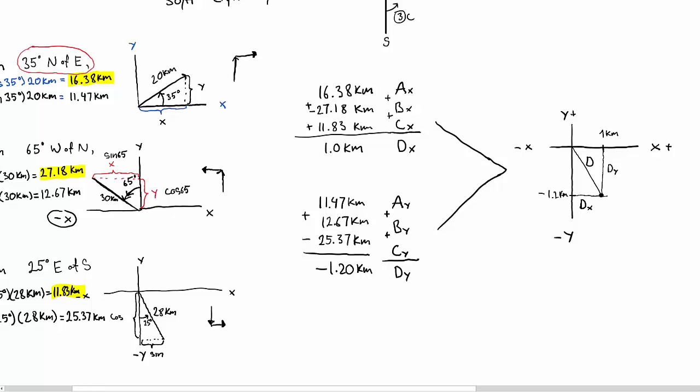So, since we have dy and dx, we can use the Pythagorean theorem. A squared plus b squared equals c squared. In this case, this is just going to be dx squared plus dy squared, which turns out to be 6 kilometers.